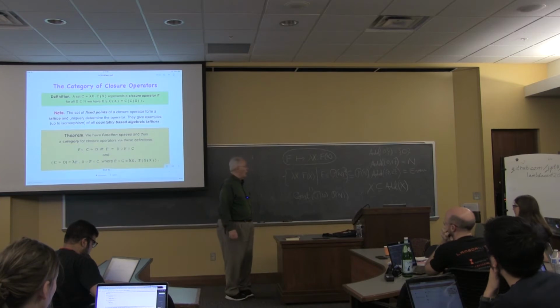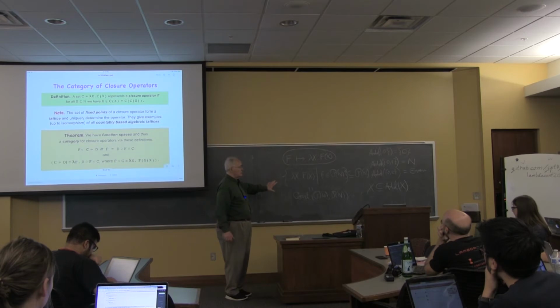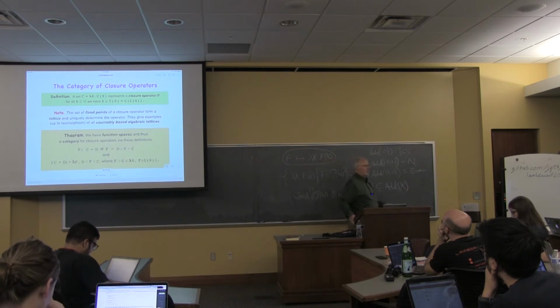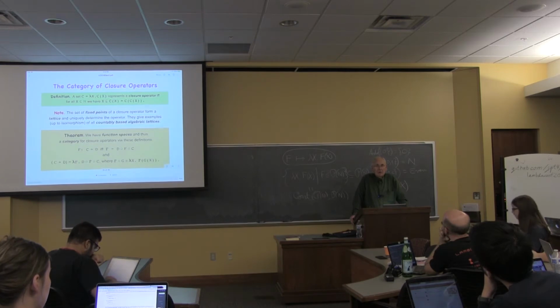So the range of any closure operation is a nice subspace of the power set of n. One of those subspaces is the function space itself, but there are lots of others, and this is a phrase that turned up and so often turns people off. We get a category of subspaces.